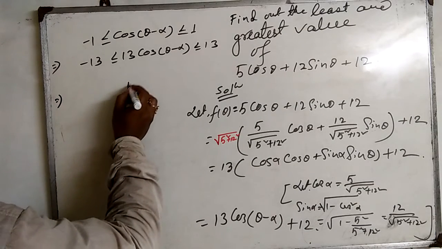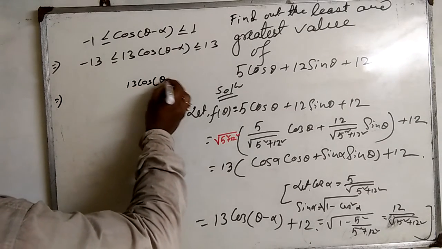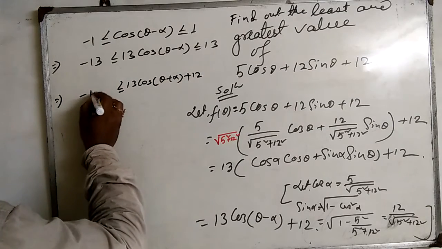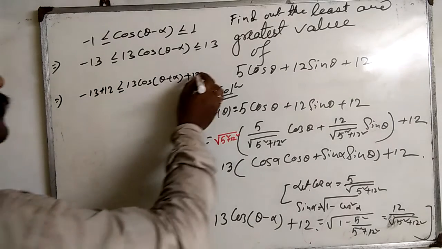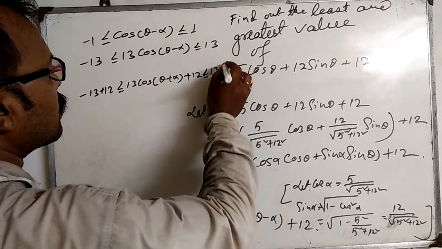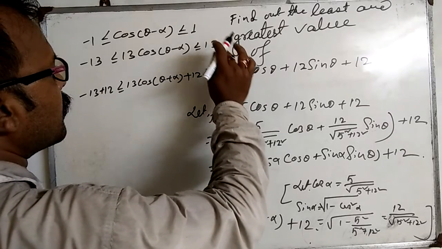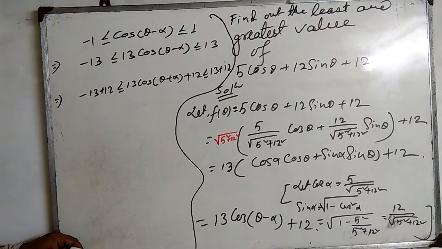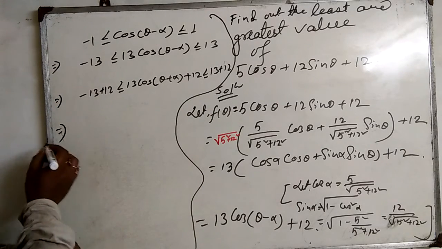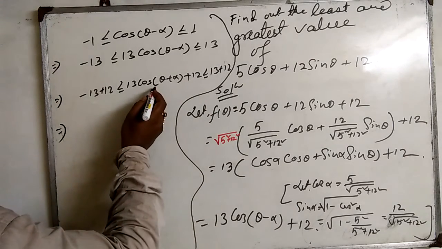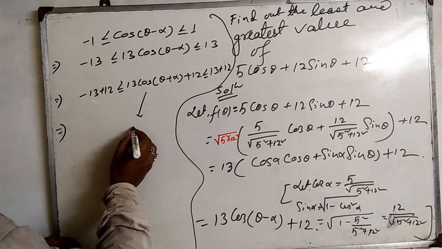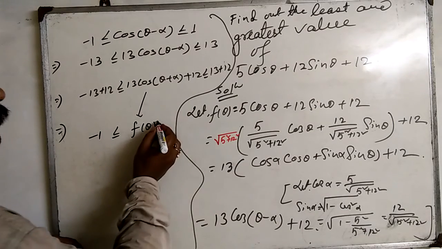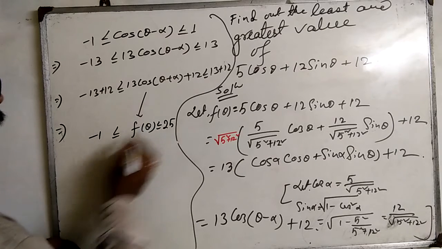So 13 cos theta minus alpha plus 12, as 12 is added to both sides, that means -13 plus 12 to 13 plus 12. So f theta lies between -1 to 25.